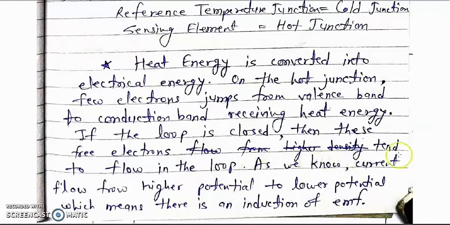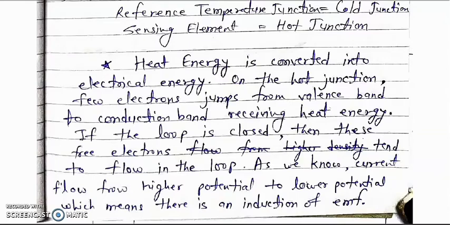And as we know, current flows from higher potential to lower potential. It means that definitely between the two points there will be a voltage difference, then only current conduction will be possible.